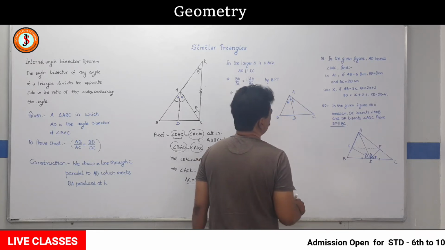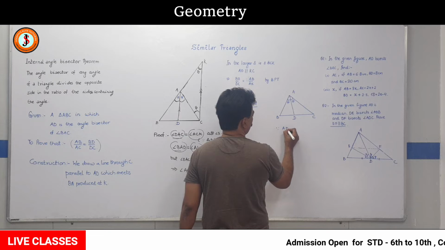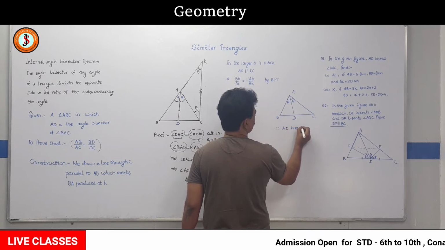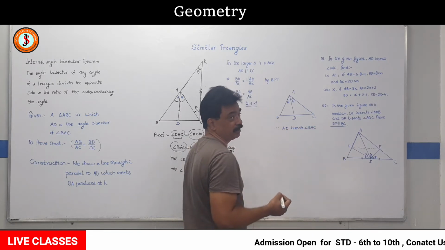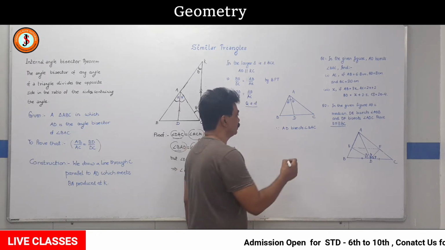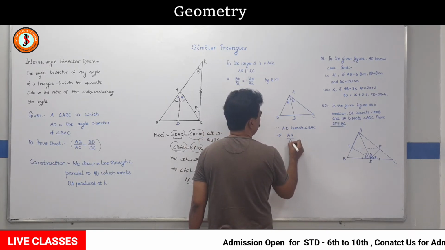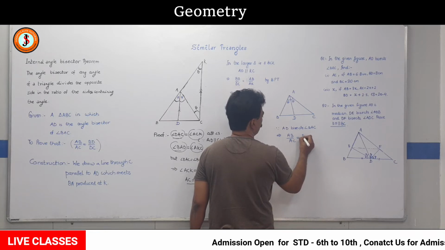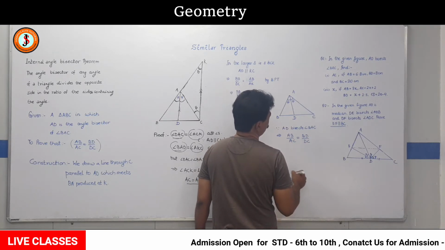So obviously we will conclude, since AD bisects angle BAC, now we can straight away apply the angle bisector theorem. This implies that the sides containing the angle, AB by AC, will be equal to BD by DC. Now AB is given, we have to find AC.